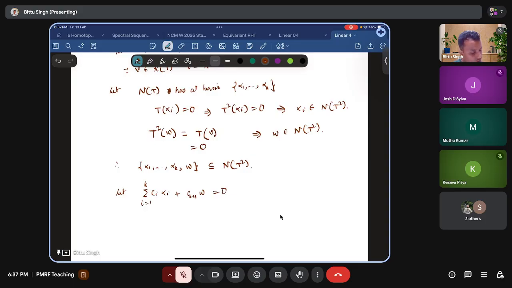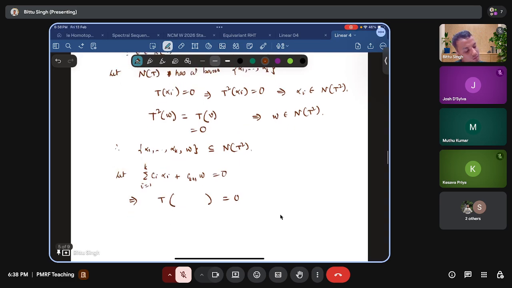If we assume this combination is 0, let us apply T. This will give me T applied on the whole thing equal to 0. Now we use linearity, by which we get the sum for i equal to 1 to k of Ci T alpha i plus Ck plus 1 Tw equal to 0.